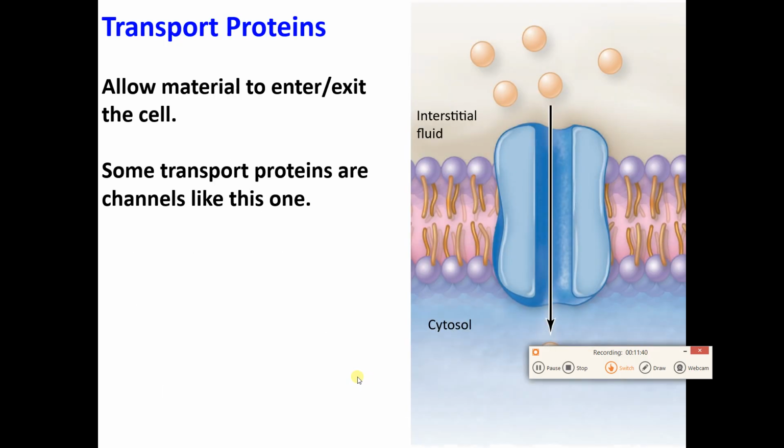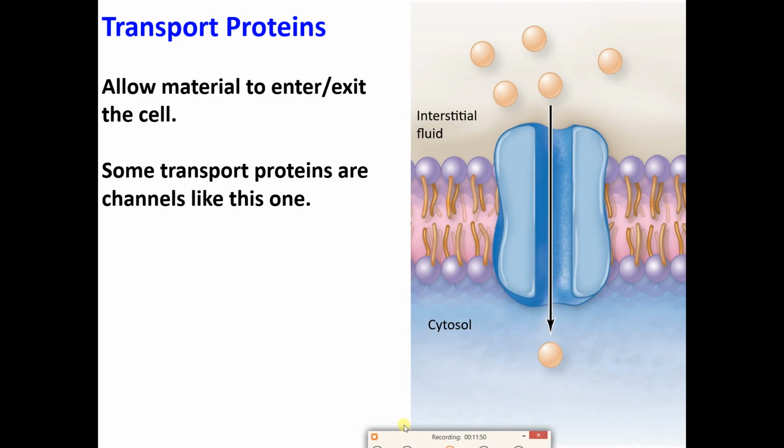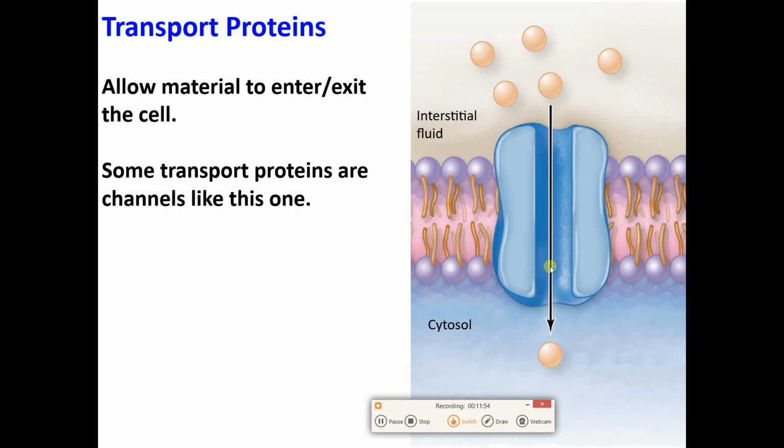Transport proteins allow material to enter or exit the cell. Some transport proteins are channels, like this guy right here. This guy is a channel protein. He has a passageway down the middle. These molecules are able to move from the outside of the cell to the inside of the cell.